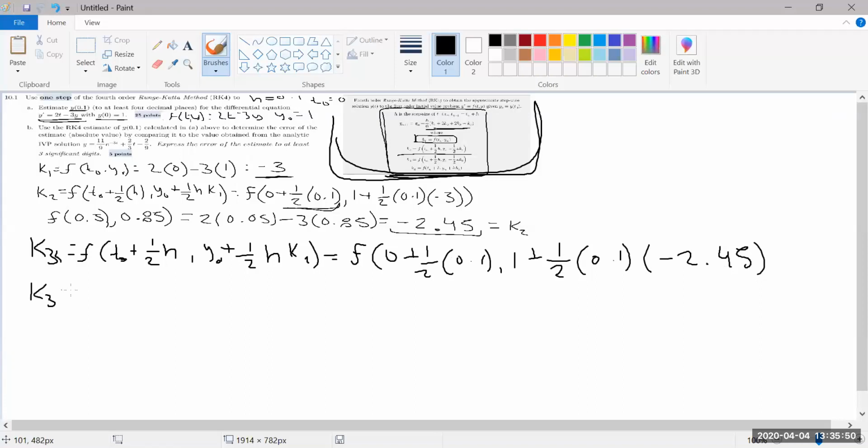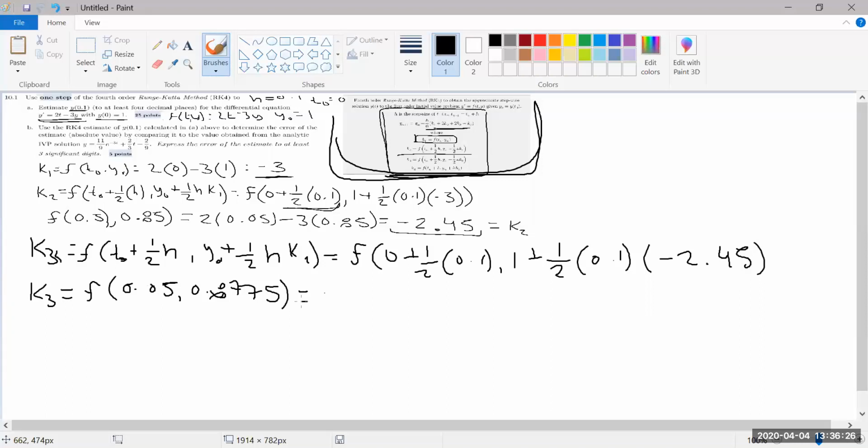We have k3 equals our function evaluated at 0.05, and then 0.8775. And like I said, there are tons of decimals on this, and it's actually super important that you keep track of all of them, because when you're dealing with such small numbers, small deviations really matter. So try to be really conscientious about that.